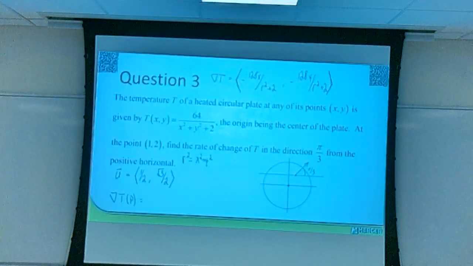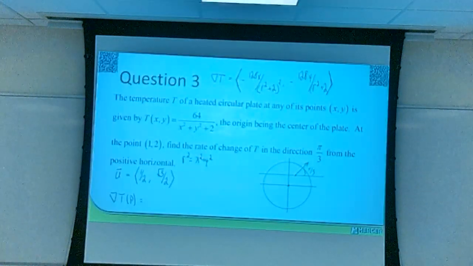Now we evaluate the gradient at our point, which was what, 1, 2? What's 1 squared plus 2 squared? 4, 5, plus 2, 7. Oh, wait a minute. Should it be squared? They should be squared, right?